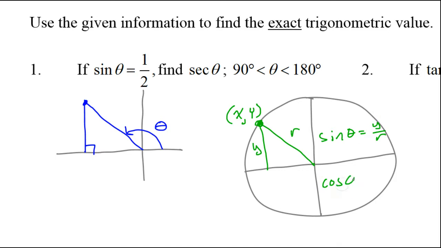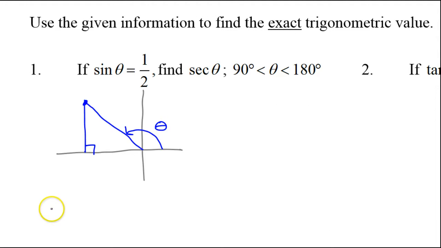Similarly, cosine is x over r, and tangent is y over x. Alright, so that means this is y and this is r.